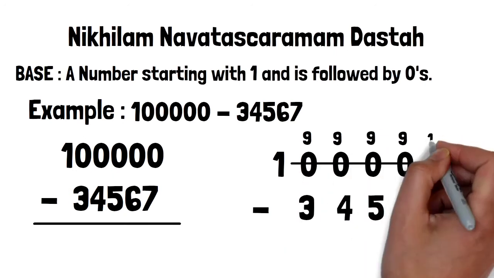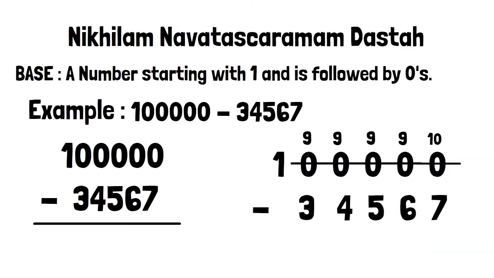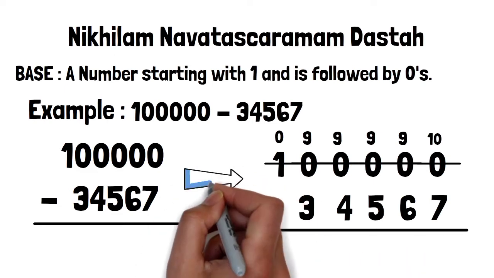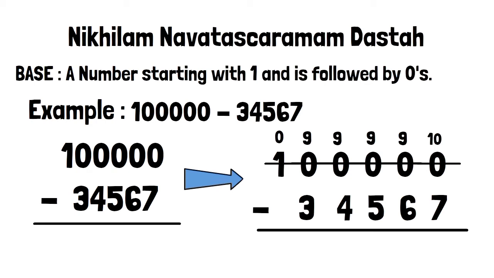And also reduce the extreme left digit by 1. Now you can see that 1 lakh minus 34,567 has got converted to this form. Now we can subtract it easily without any confusion of carryover. And the answer obtained by this is right on your screen.